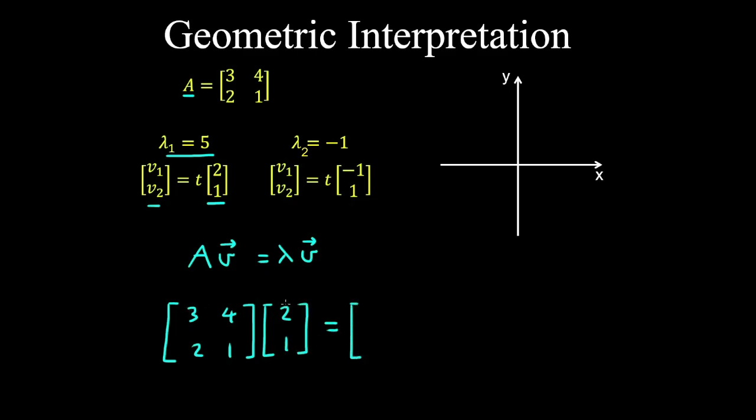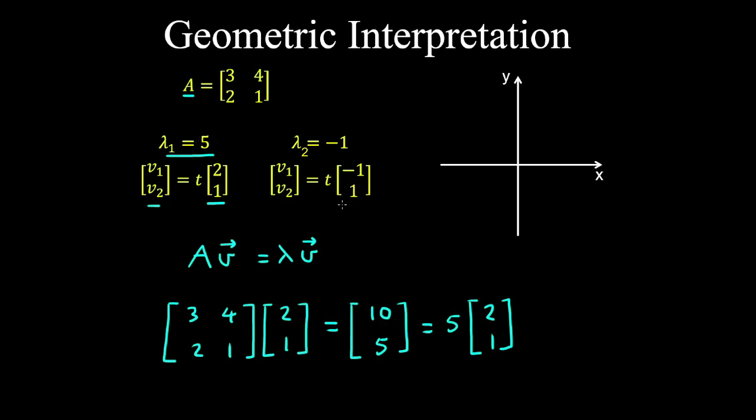So 3 by 2 is 6, plus 4 is 10, and 2 by 2 is 4, plus 1 is 5. Which is the same thing as 5 multiplied by 2, 1, where 5 is the eigenvalue.